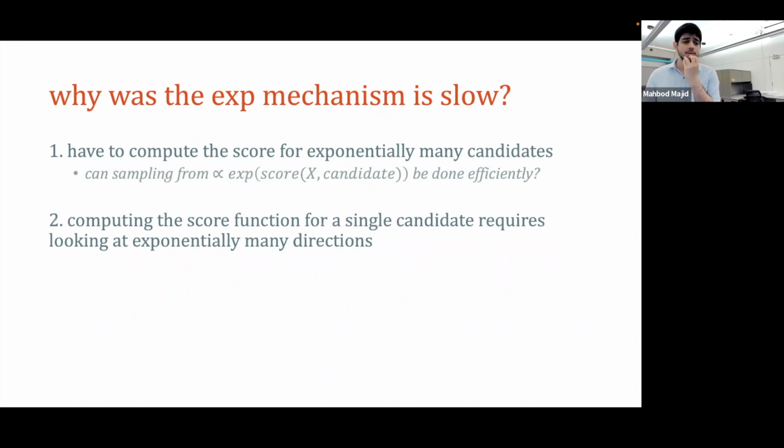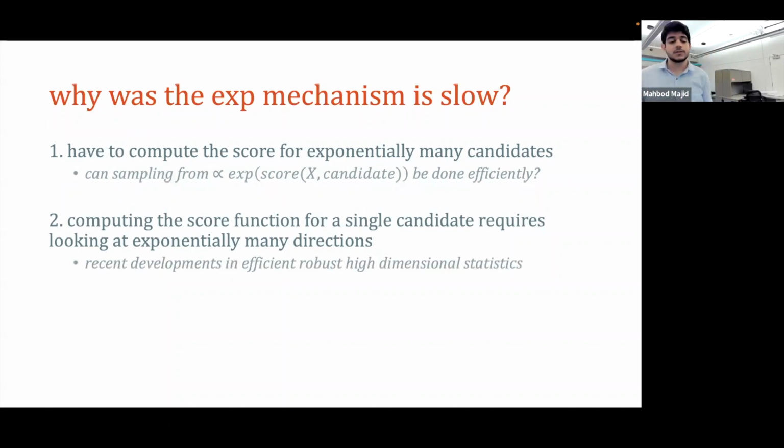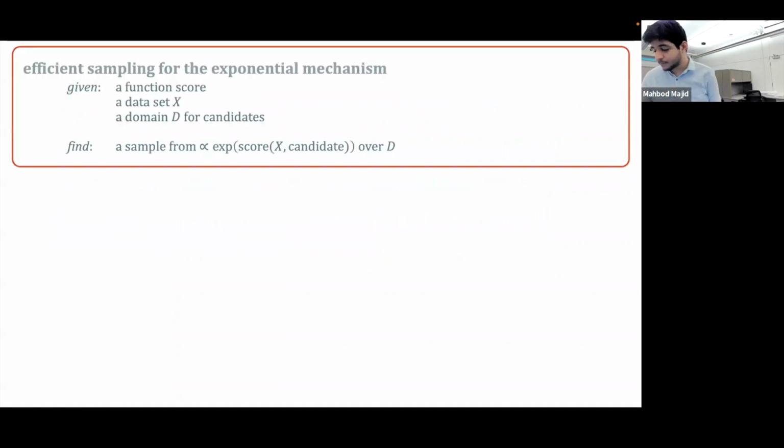The other issue is, even for a single point, how can we compute the score function? But this has appeared in recent works in efficient robust high-dimensional statistics in recent years, and maybe we can use some of the techniques from there in order to solve our problem.